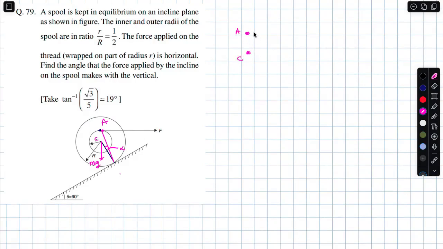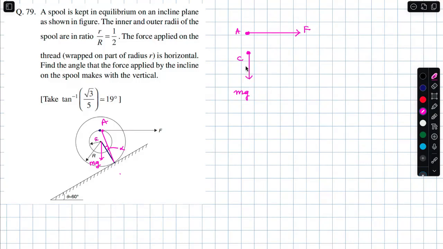You have one force F in this direction and another force mg in this direction. So practically about A, this won't contribute torque. Even mg won't contribute torque.